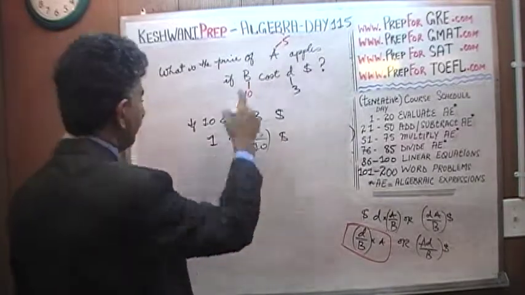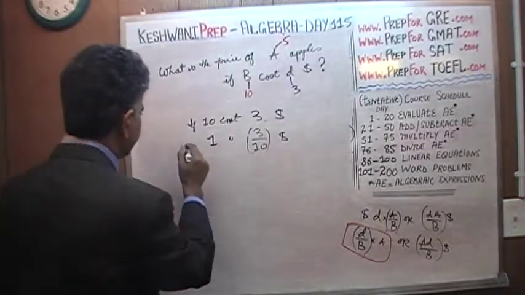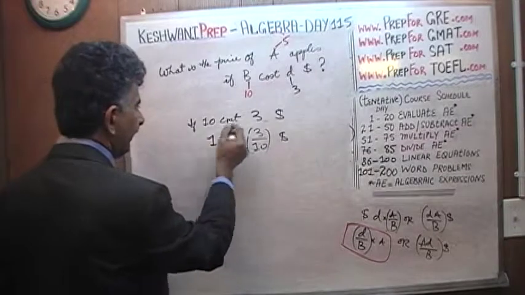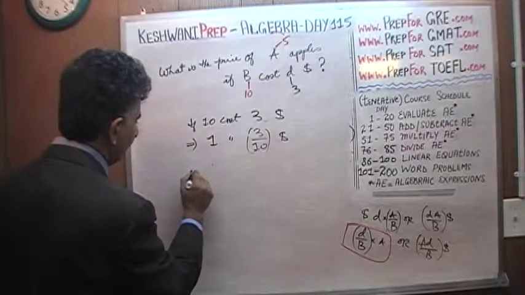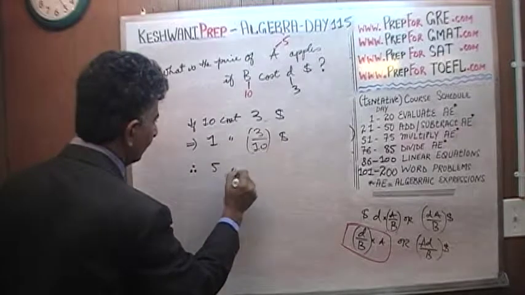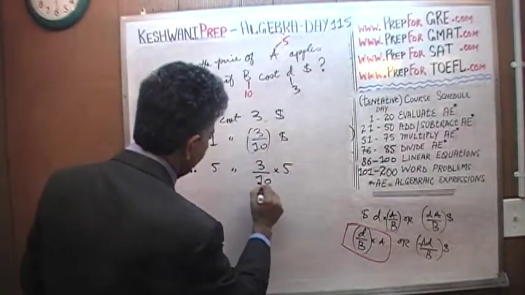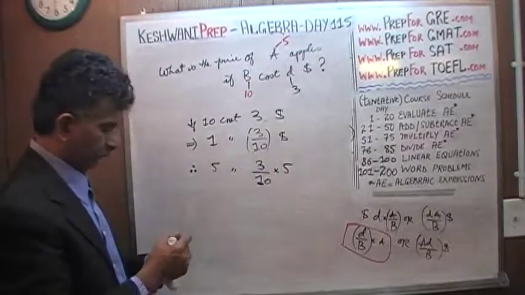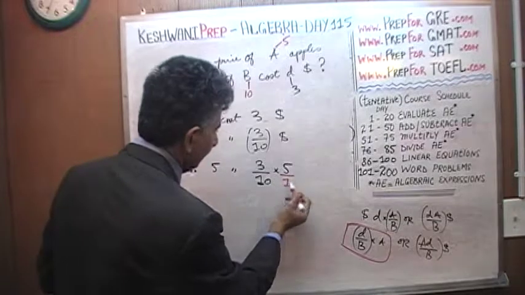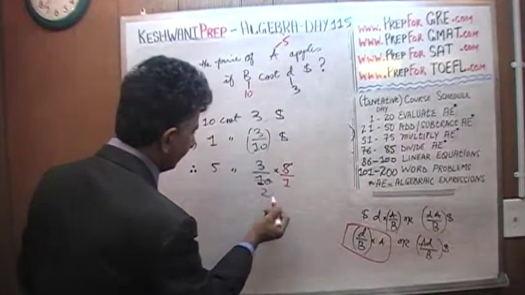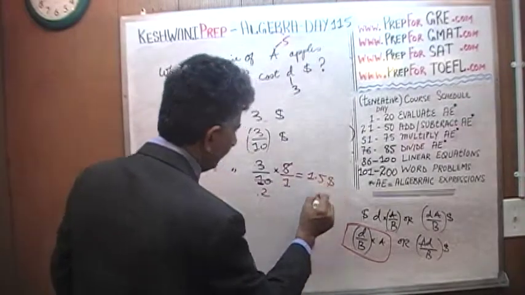And we want to buy 5 of them, so 5 will cost 5 times that amount. What happens is this: 5 cancels out with 10, giving us a 2, and 3 over 2 is your $1.50.